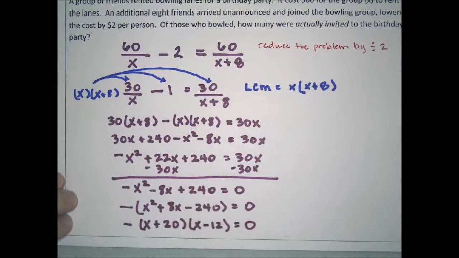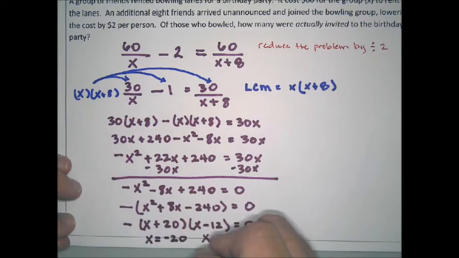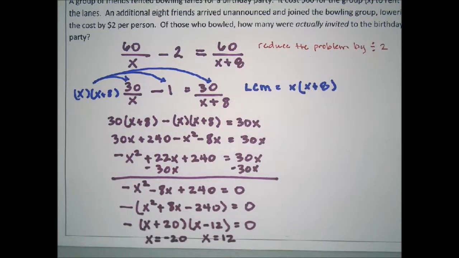So now I'm one step away from having my answer. This is now going to give me two different answers. x equals negative 20 and x equals positive 12. Now remember what x was in the first place. It was the size of the initial group of people who rented the bowling lane. Well, you can't have a negative 20 amount of people.